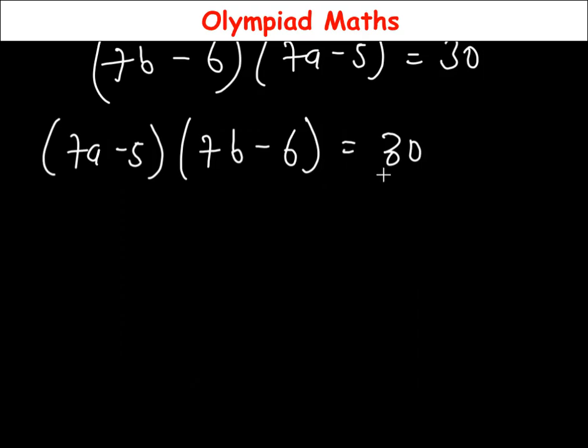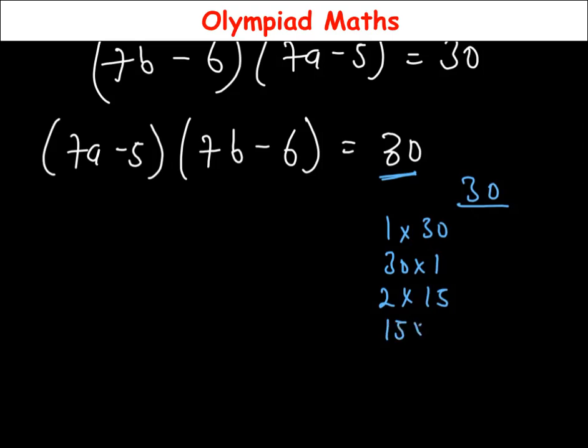At this junction, looking at 30, it can be written as 1 times 30, 30 times 1, 2 times 15, 15 times 2, 3 times 10, 10 times 3, also 6 times 5, 5 times 6.